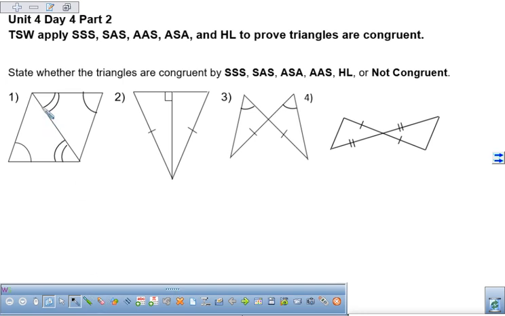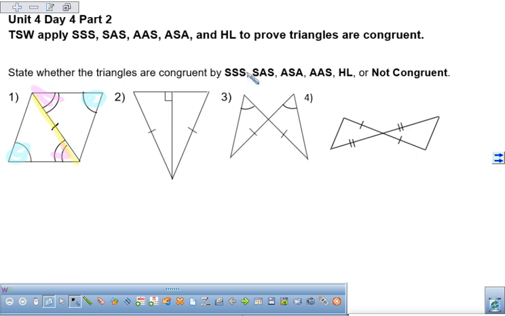So on our first one, we have 2 sets of angles that are congruent. One here, and then here. Now we do need to mark that middle line as congruent because it's congruent to itself. And we're going to work it just like we did yesterday. How many angle pairs do we have that are congruent?